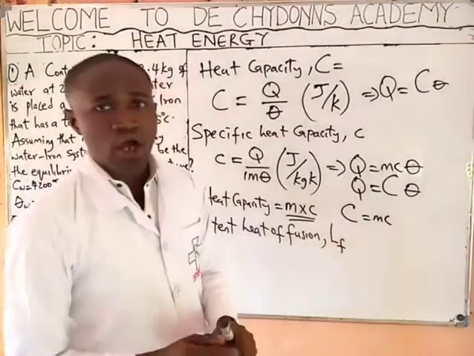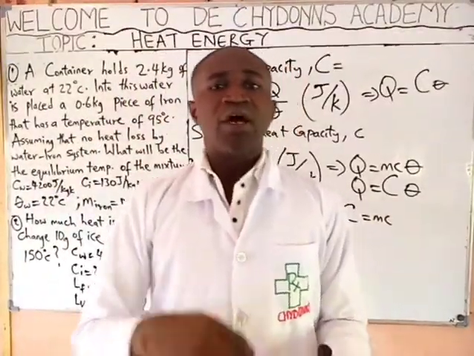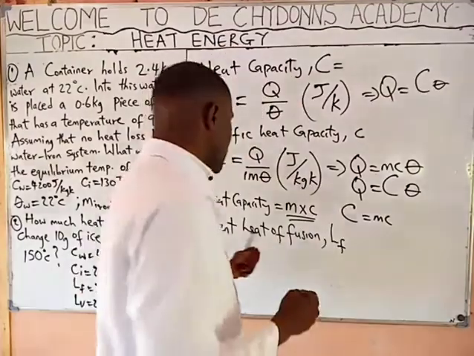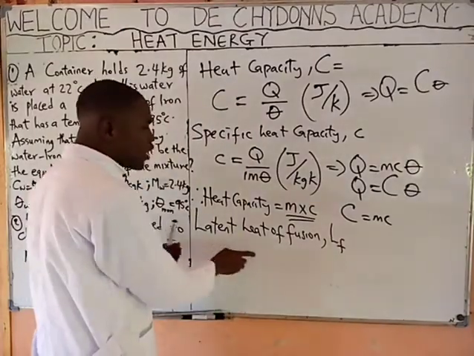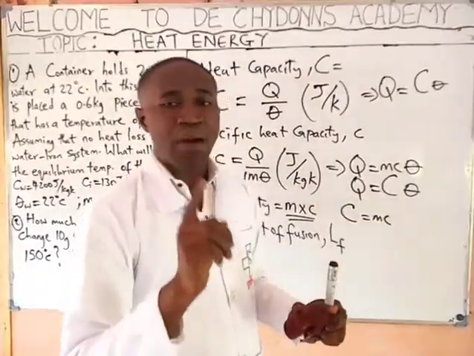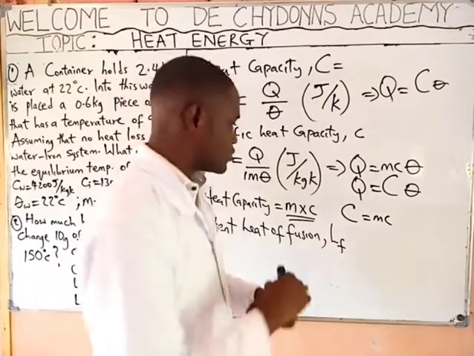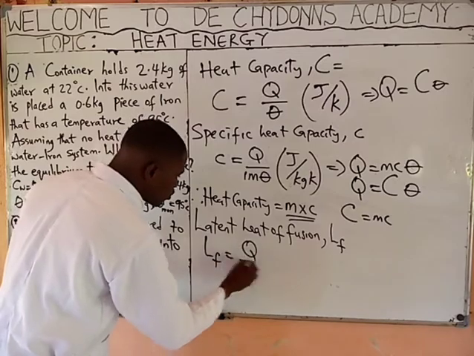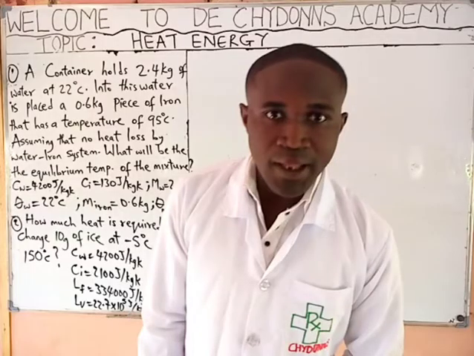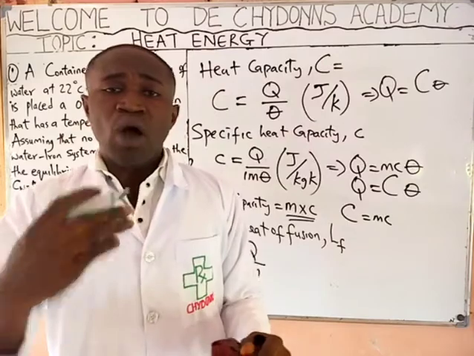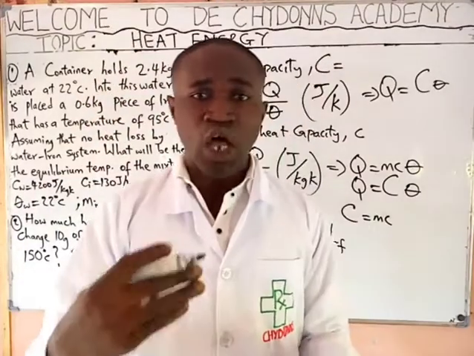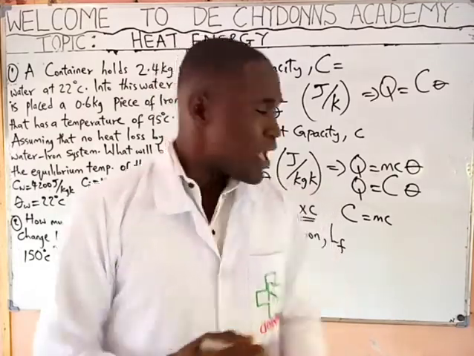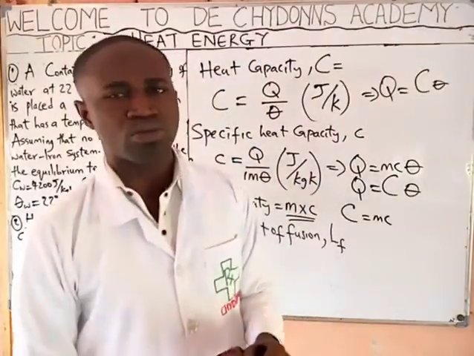Latent heat of fusion is the quantity of heat required to convert 1 kilogram of a solid substance to liquid. So the quantity of heat required for you to convert a solid substance to liquid, that we call latent heat of fusion, at constant temperature.